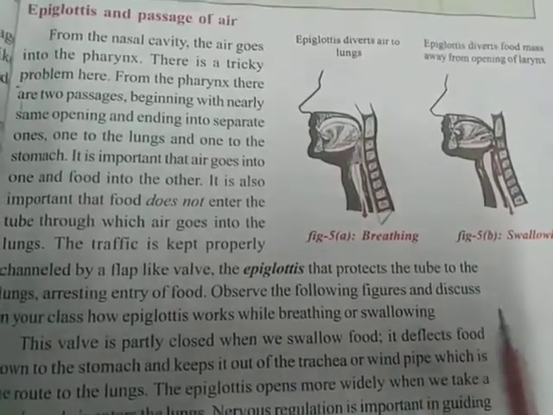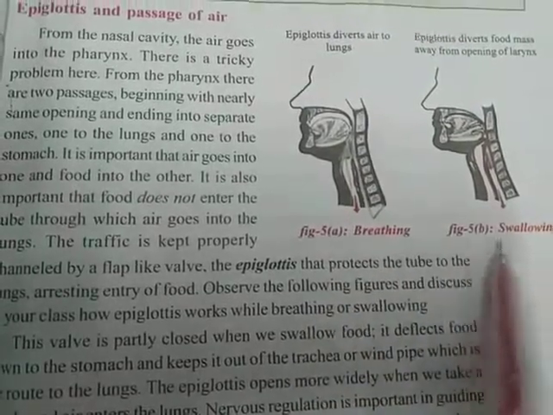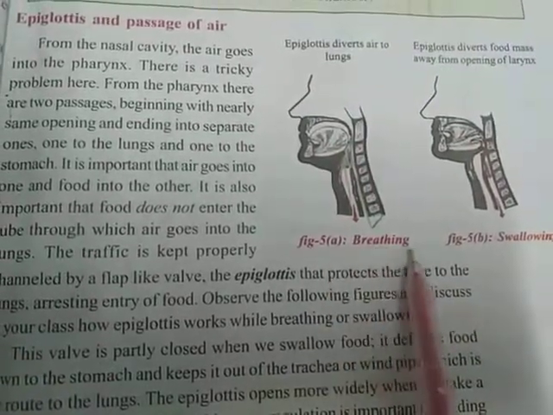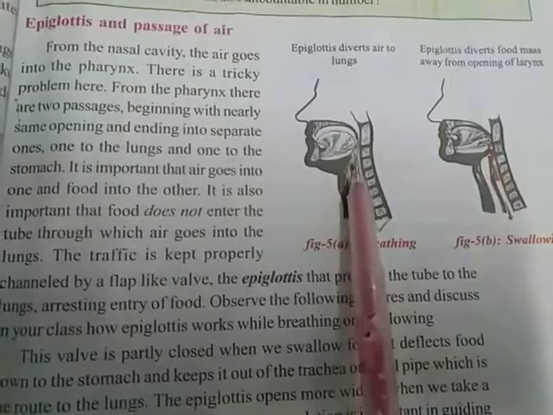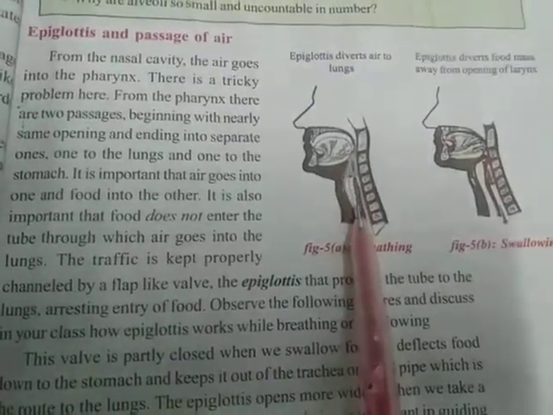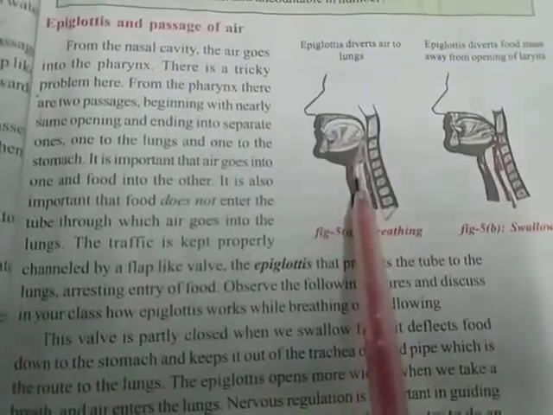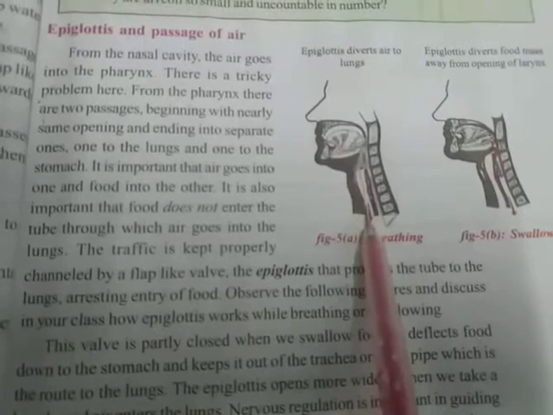In textbook page number 29 we have two figures, figure 5a and figure 5b. Figure 5a indicates breathing. So here if you observe, arrow marks are in the front side tube-like structure, that we call trachea.